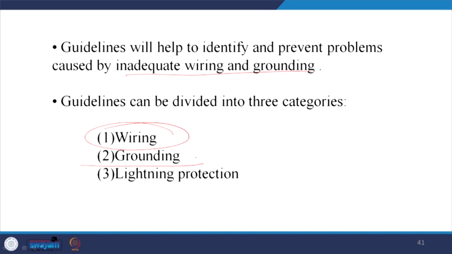If you do not ground it properly, there will be oscillations of the neutral point, and if it is not at 50 hertz, there will be a subharmonic problem also, which is a challenge. And thereafter, lightning protection, which is a common practice we have followed for a pretty long time. I will show you a picture in the next or next-to-next slide, and then we will clarify how it works.